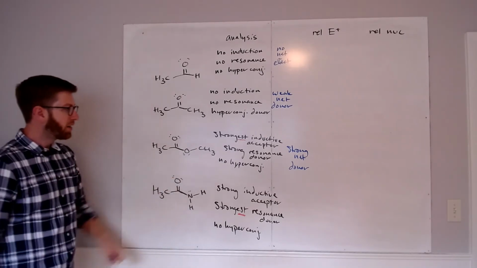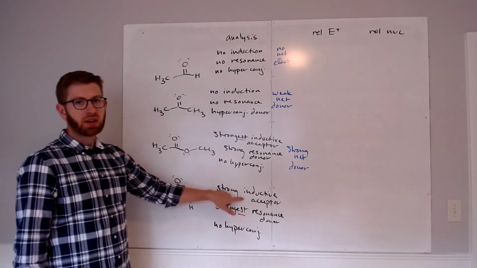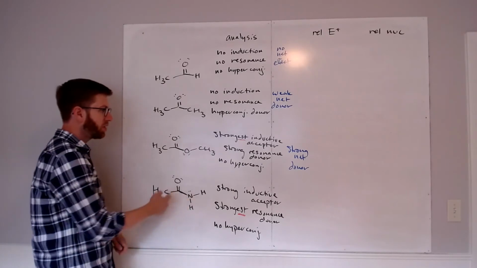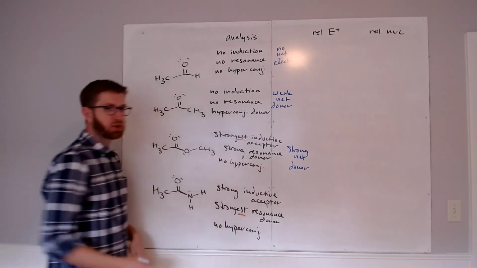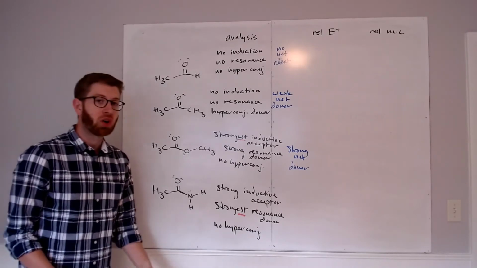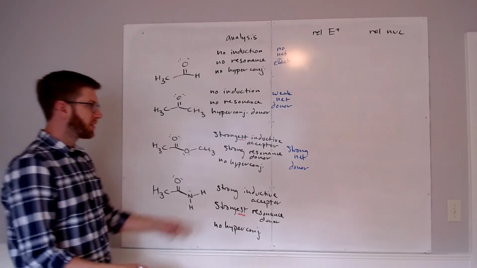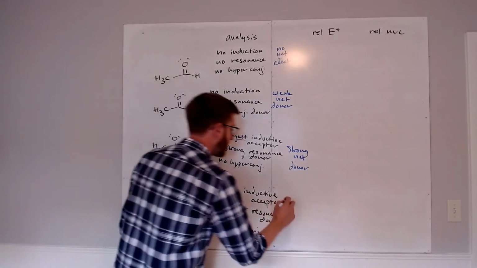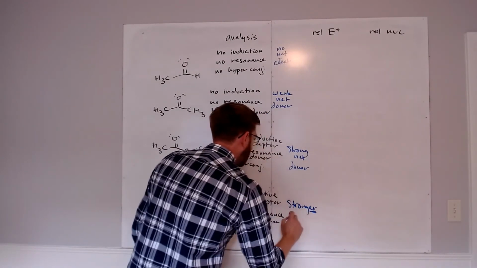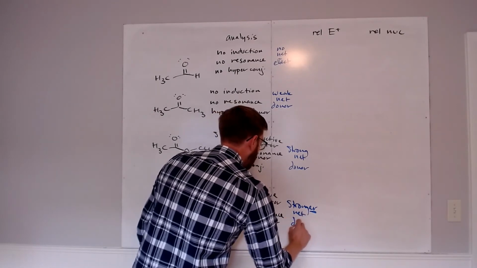All right, finally the amide. Here we've reduced the amount of inductive accepting, and we've increased the amount of resonance donation. So if the methoxy group is a strong net donor, then the NH2 group needs to be a stronger, or the strongest net donor, excuse me. So we'll say stronger net donor.